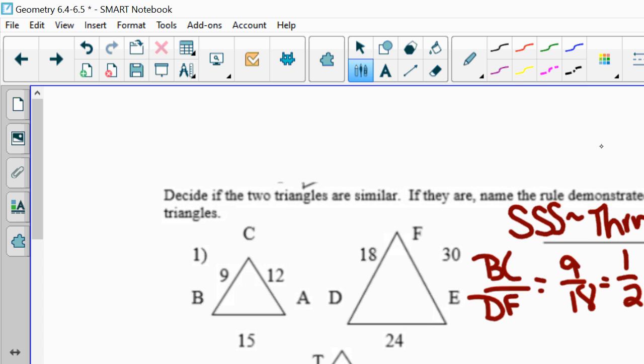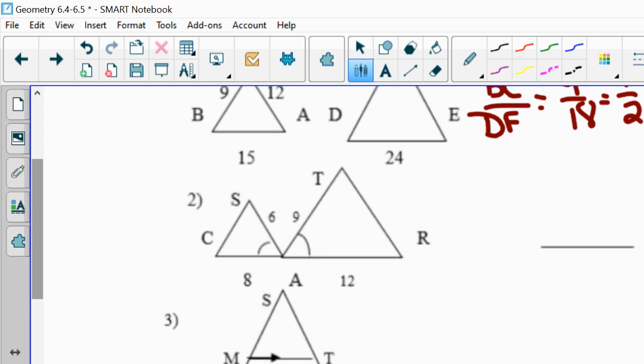All right. Example number 2, they give me two sides and the angle in between them. Since they have that angle in between, I just need to check the sides. Okay. So I can check 6 over 9. Okay. So SA over TA. So I get 6 over 9 reduces down to 2/3.